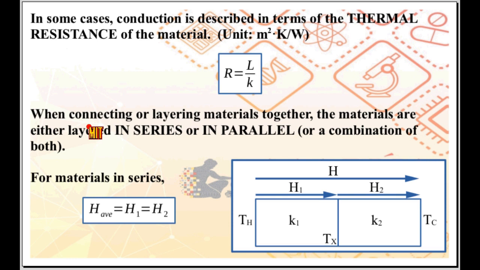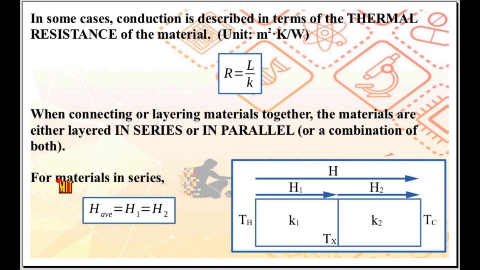Now, an object may be comprised of only one material, or it may be comprised of two or more materials layered together. When connecting or layering materials together, the materials are either layered in series or in parallel, or perhaps a combination of the two.